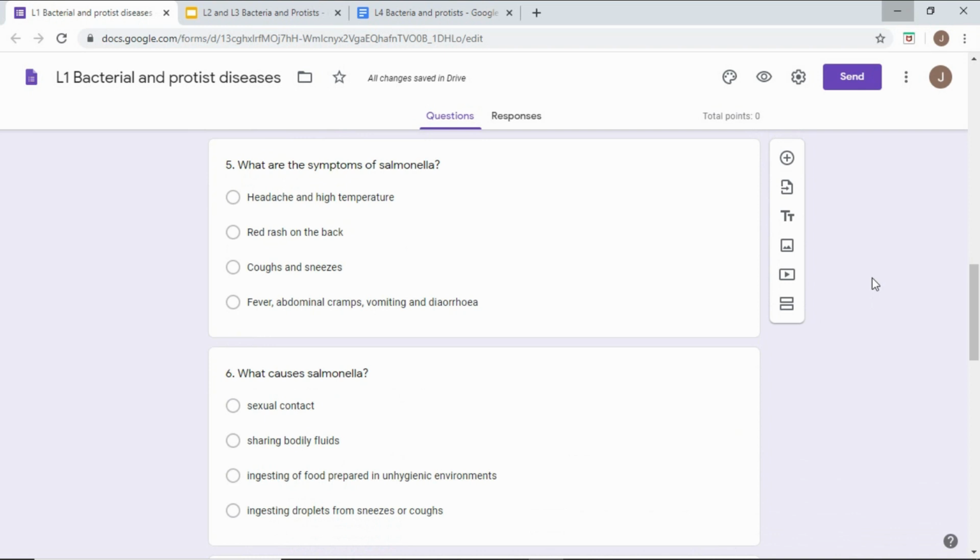Question 5 wants to know what the symptoms of Salmonella are. So we've got options: headache and high temperature, red rash on the back, coughs and sneezes, fever, abdominal cramps, vomiting, and diarrhea. Salmonella happens to be a food poisoning type of bacteria, so it's the bottom option there.